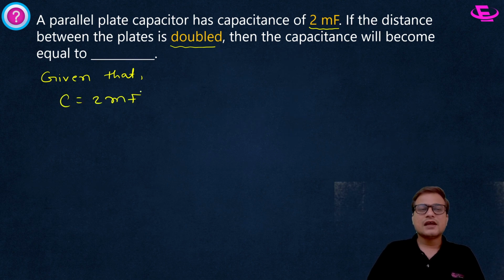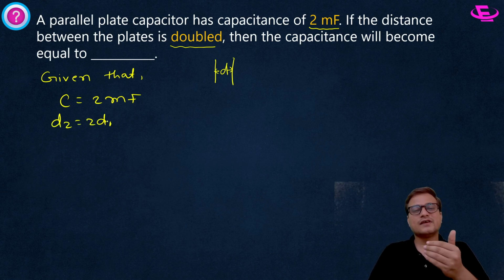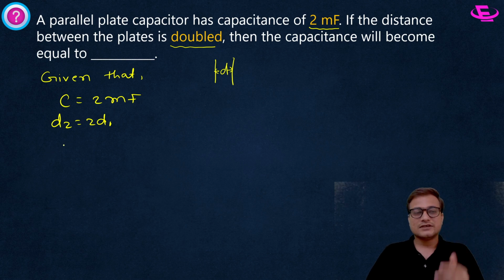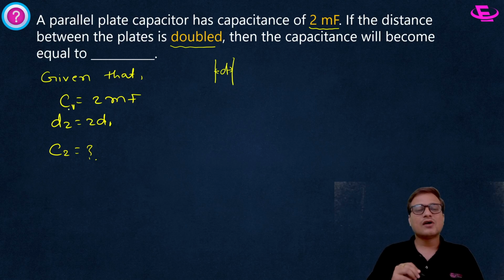Now what they are saying, the distance between the plates is doubled. This distance d is doubled, so you can write d2 equal to 2 d1. d1 is the previous distance and d2 is the new separation distance. You have to find the new value of capacitance. The new value you can write as C2, and the given value was C1.